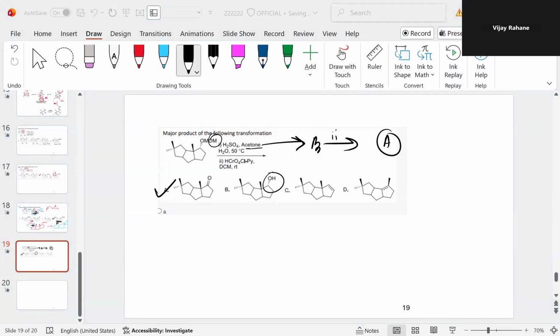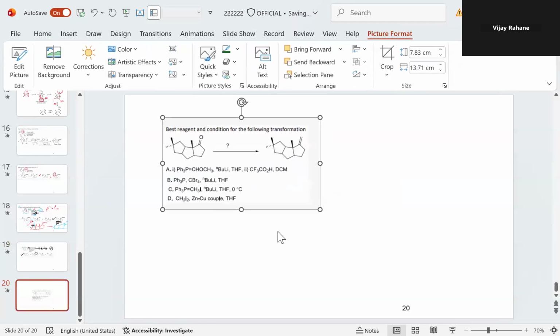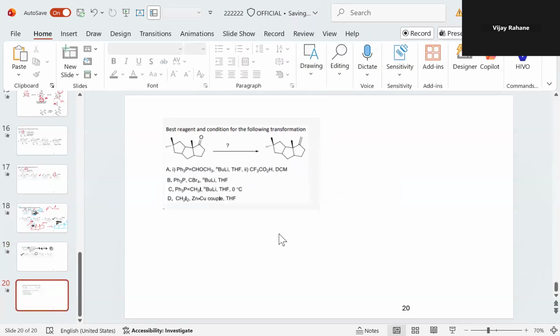Then if you treat this product, the last step in the same product series, okay, so conversion of this to this. What will you use to get this one? Here we have the ketone, and we know the reaction of a ketone with a Wittig salt. What do we get? We get the olefin.